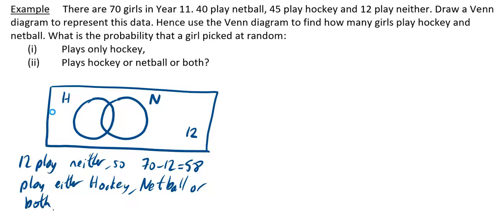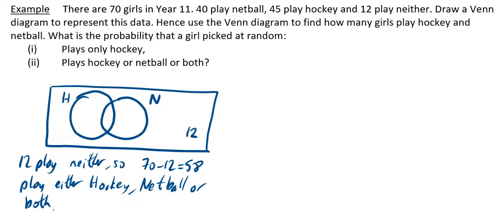Hockey is this wee shaded bit in here, netball is this wee shaded bit in here, and both is this wee overlap in the middle. So what we now know is that these three things combined add up to be 58.